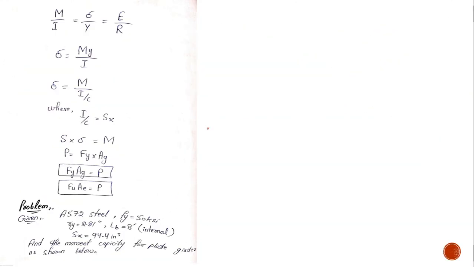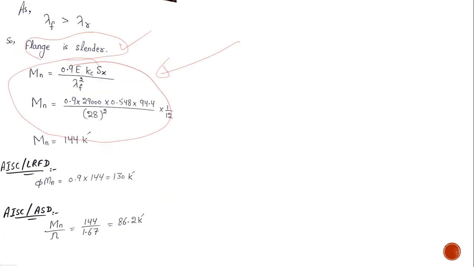Finally, I think we have dealt with two cases. The first case was in the previous lecture, when our flange was slender and web was compact. In this question, web was slender and flange was compact. So I have just summarized these.